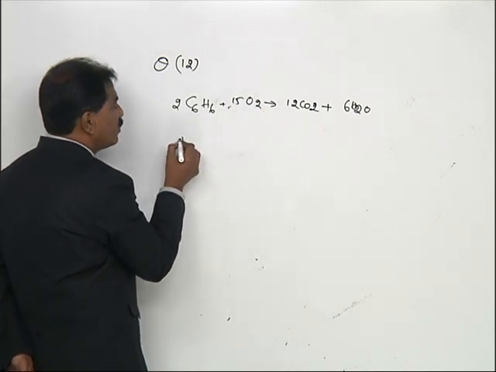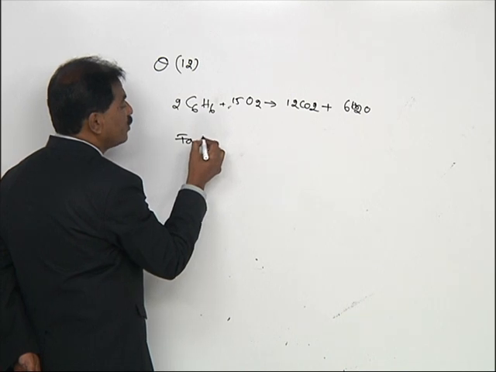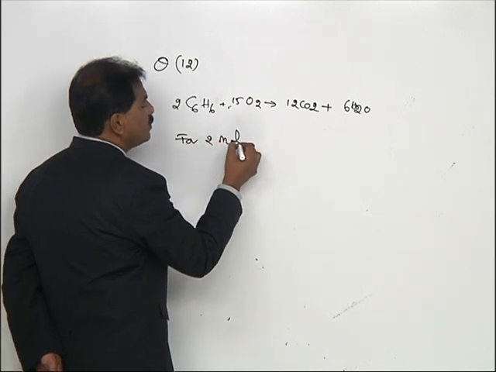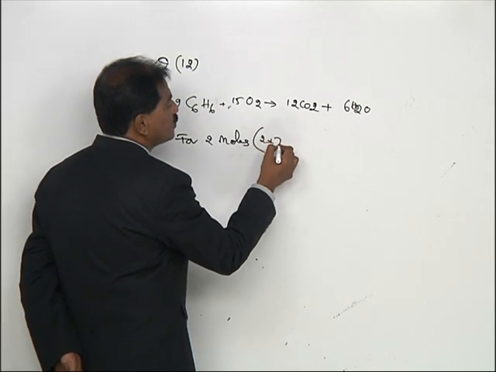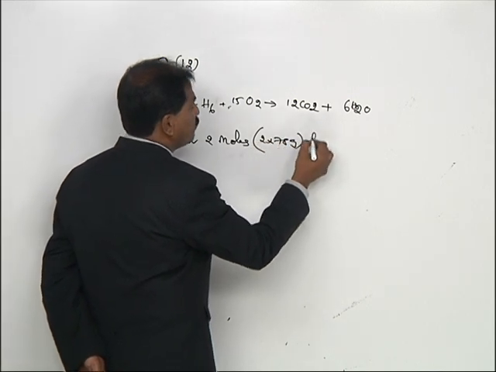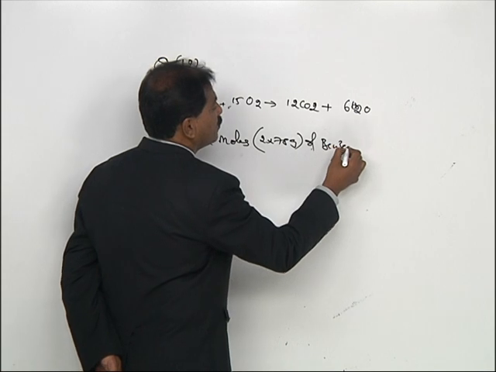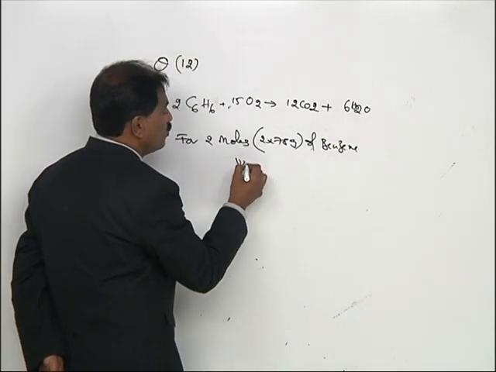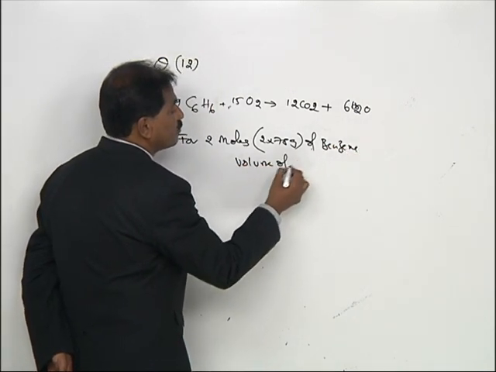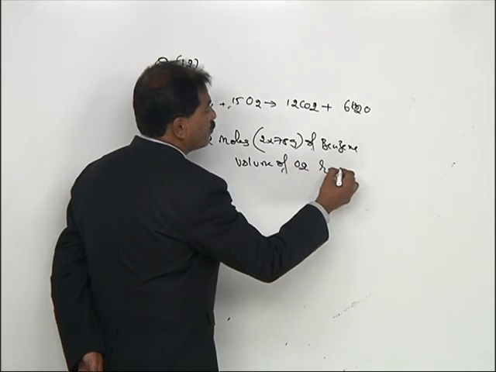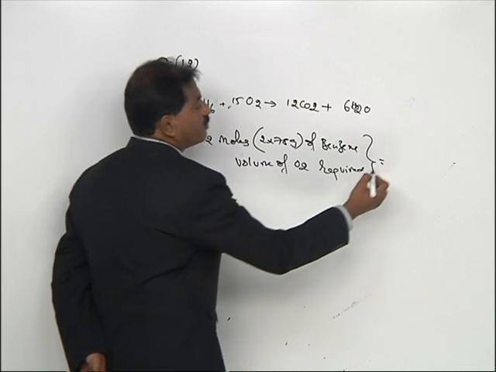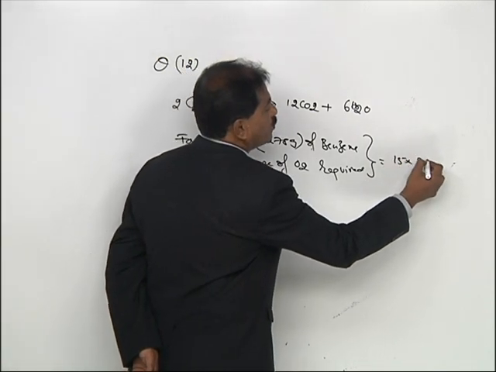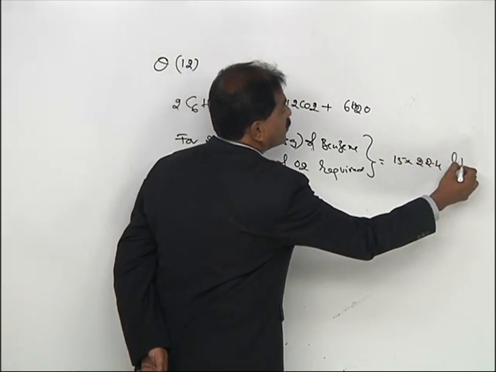Therefore for 2 moles of the liquid benzene, 2 moles means 2 into 78 grams of benzene, volume of oxygen required is 15 into 22.4 liters.